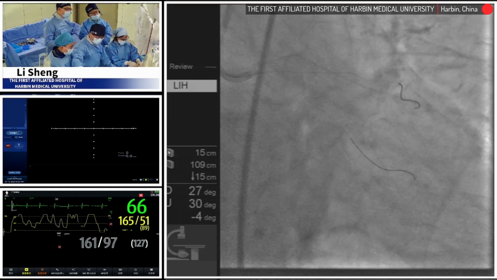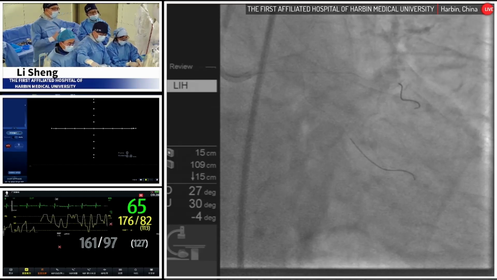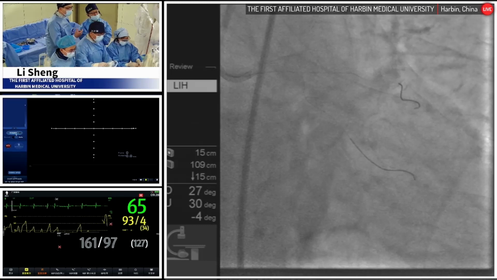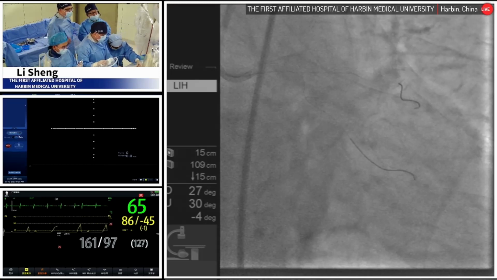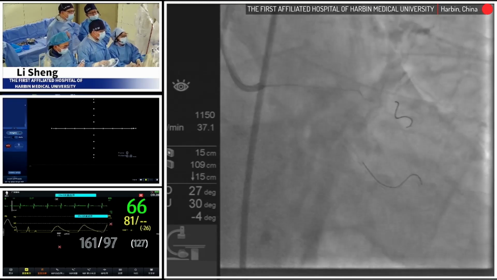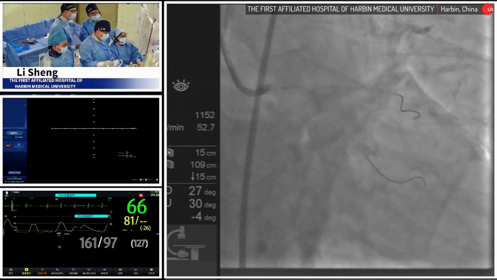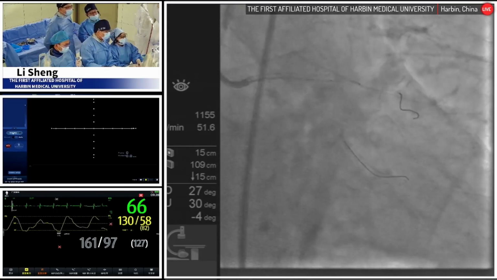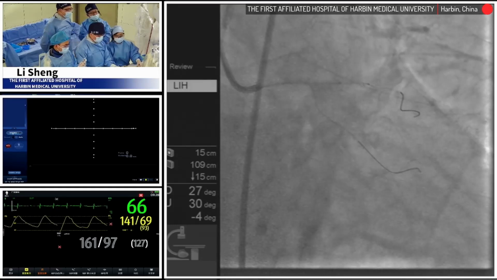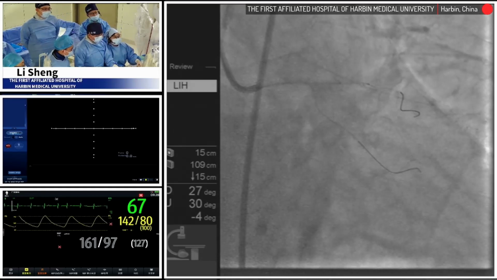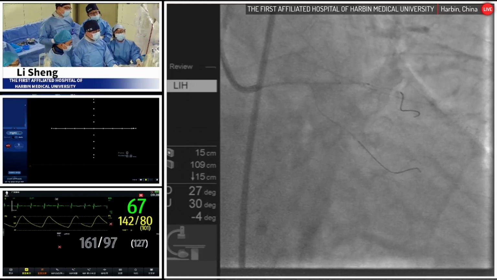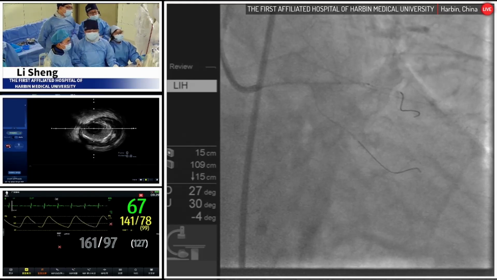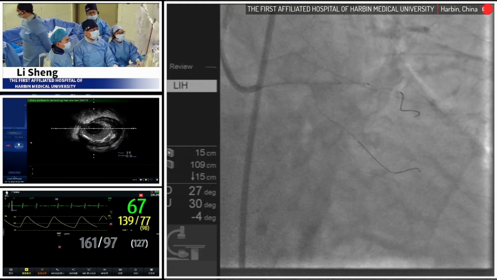We all know that the cutting line of the NSE balloon extends to the tip of the balloon, so in such a case it can cross the lesion more easily than the cutting balloon. And the knife is a little bit bigger than the NSE balloon or the Scoreflex.